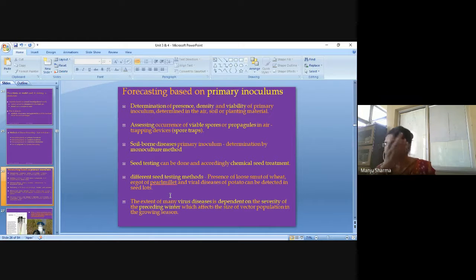There are different seed testing methods, in which the presence of loose smut of wheat, ergot of pearl millet, and viral diseases of potato can be detected in seed pods.